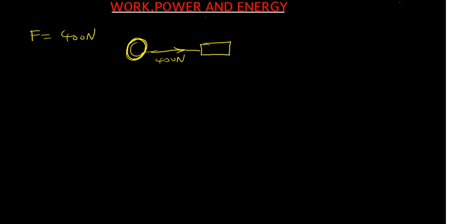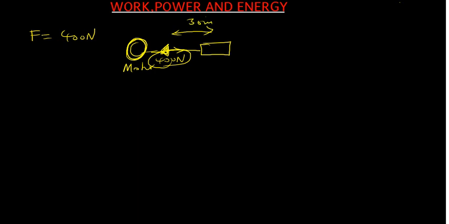Let's say this cable is attached to something, and it's going to pull it for a certain distance. So the motor is applying a force of 400 newtons, and that force is pulling the cable which is carrying a certain load and pulls it for a distance of 30 meters.